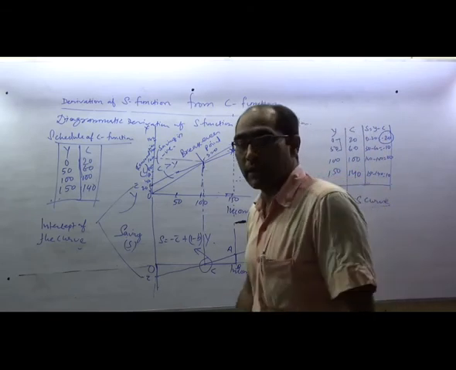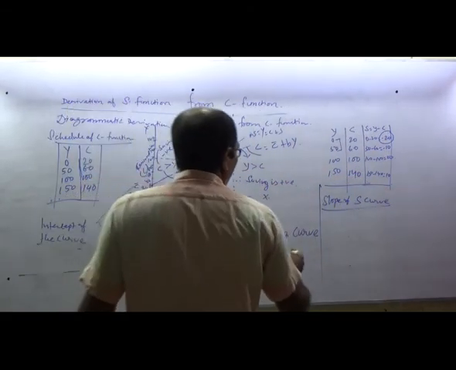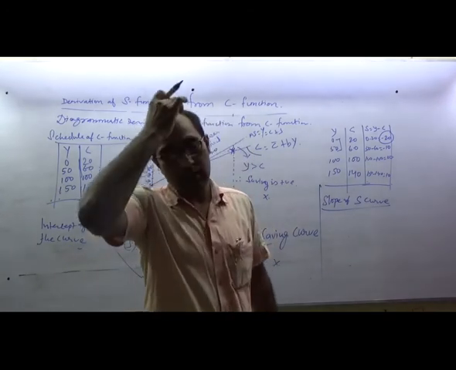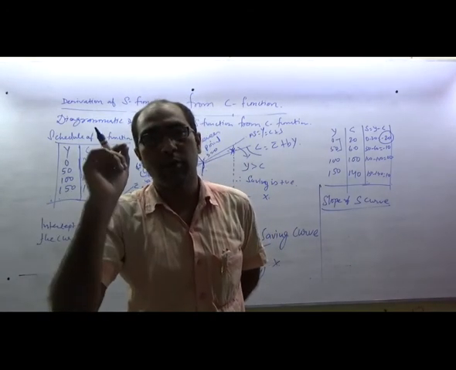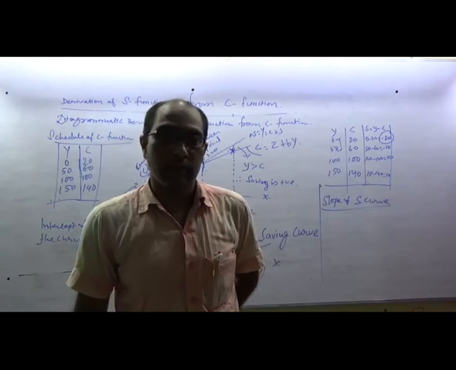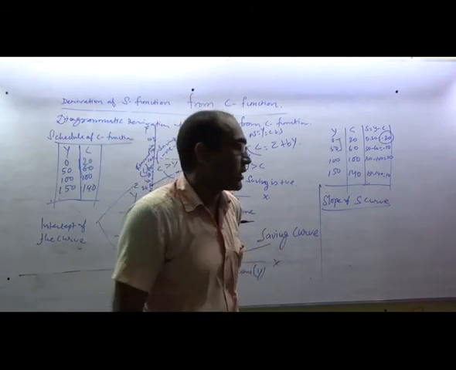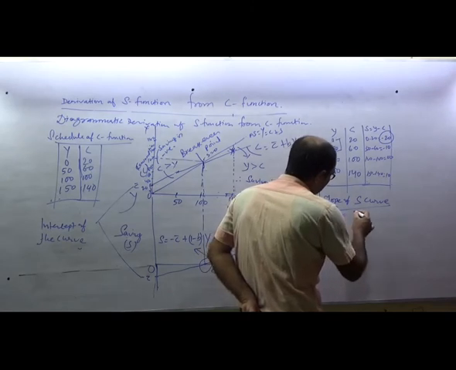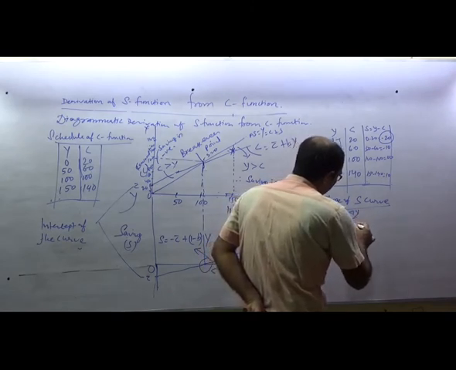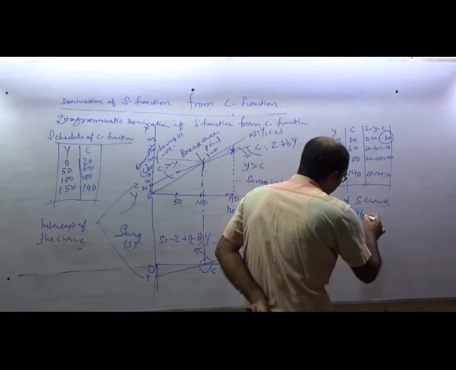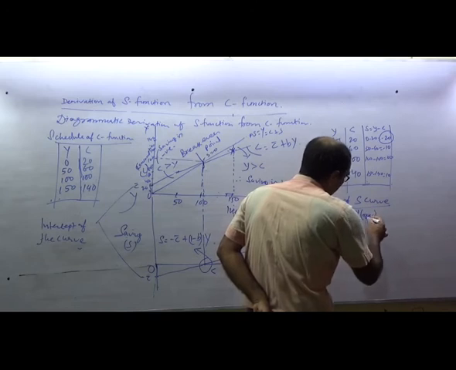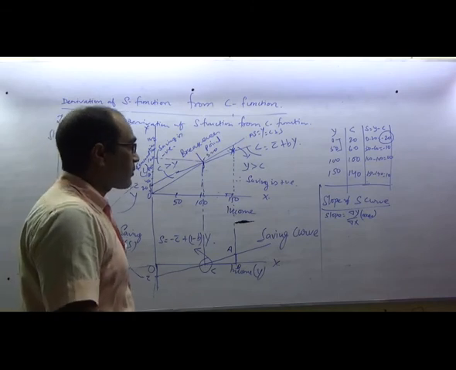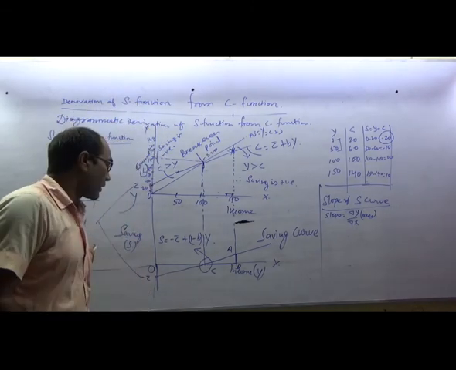Dear student, whenever you have to calculate the slope of any curve, you have to apply the simple formula: change in y-axis upon change in x-axis. So slope equals change in y upon change in x. Convert the values that we are plotting along the y and x axes.